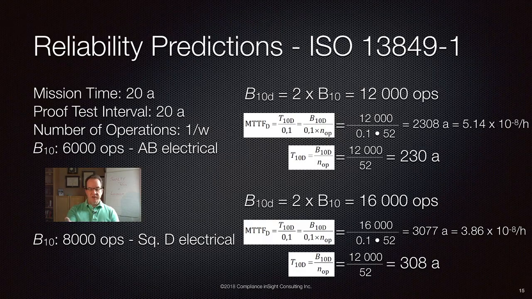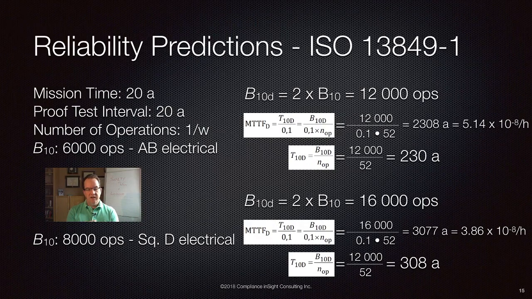So the PFHD for our first case for the AB switch is 5.14 times 10 to the minus 8th failures per hour. Very, very small number. So that would be the same as 0 plus 8 more zeros, 514. Okay, that's basically how we get to 5.14 times 10 to the minus 8th.